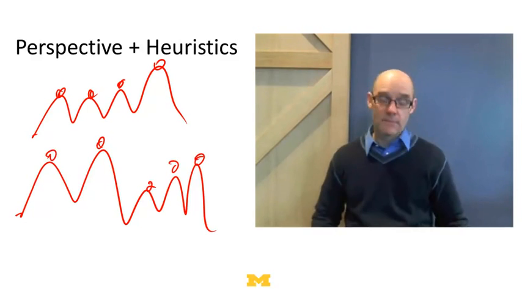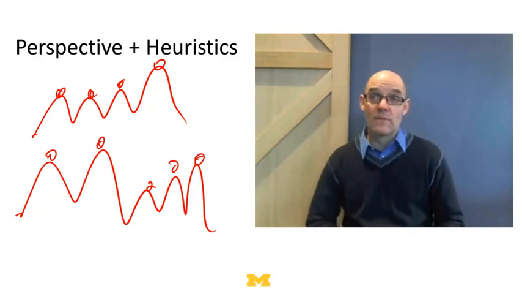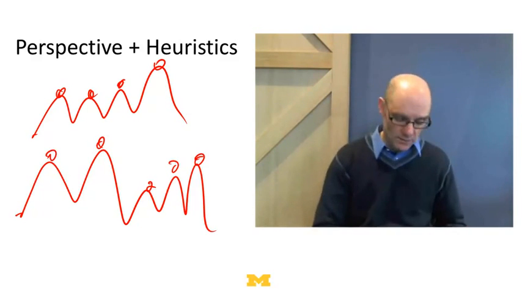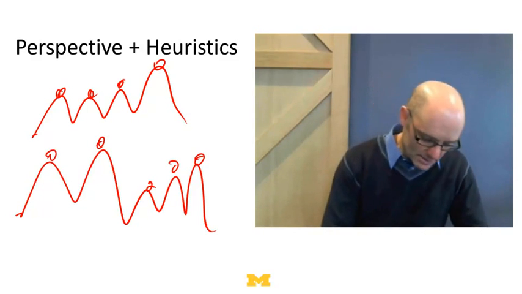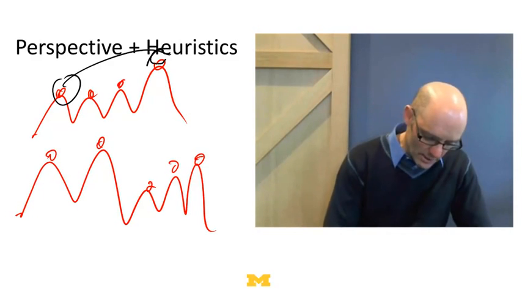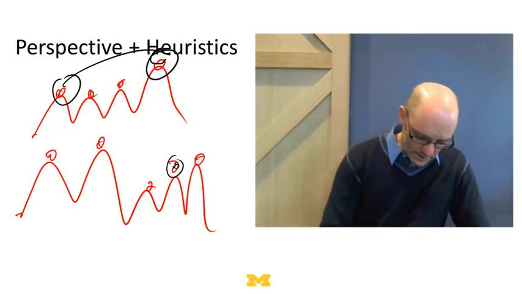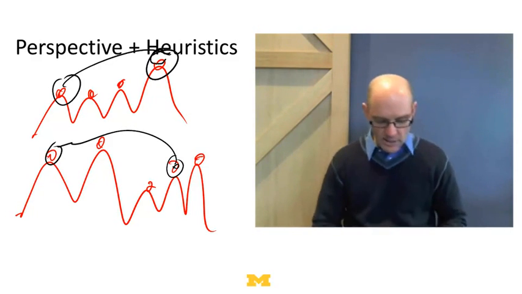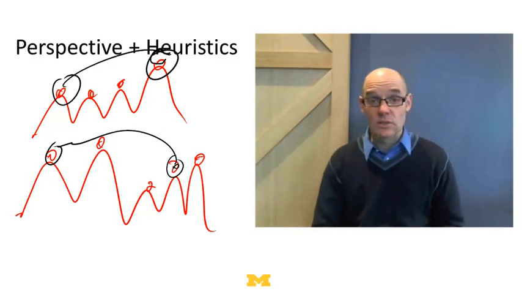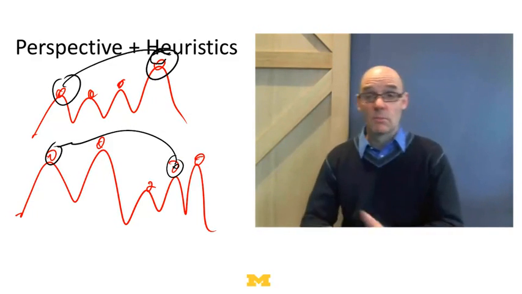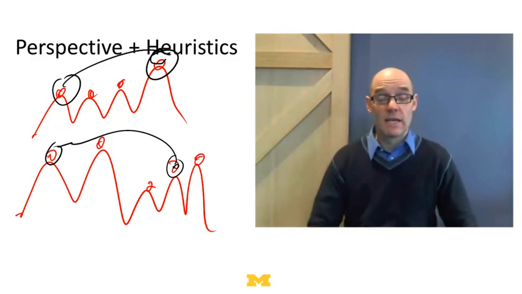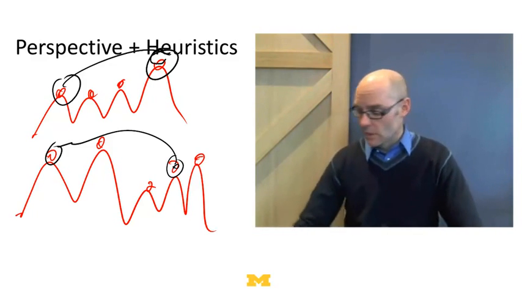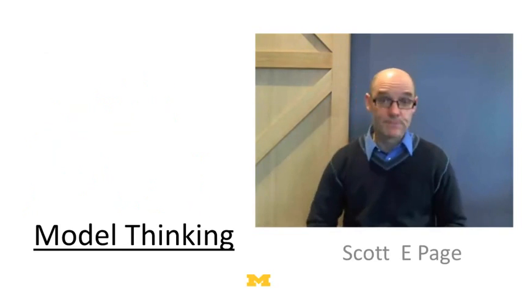Another person might not hill climb. They might do the opposite rule, which means that they jump all the way to the opposite side of the space. Well, that may mean that they don't get stuck at this point because they jump all the way to here, and it might mean that they don't get stuck at this point because they jump all the way to there. So what we're going to see in the next lecture is how diverse perspectives plus diverse heuristics enable teams of people, groups of people, to find better solutions to problems.